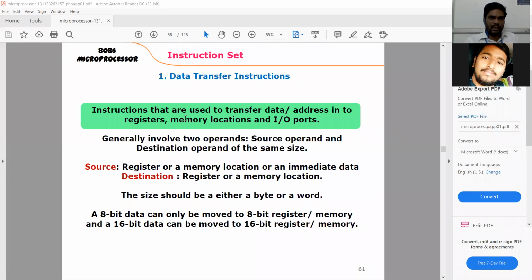The first category is data transfer instructions. These are instructions used to transfer data or address into registers, memory locations, and IO ports.